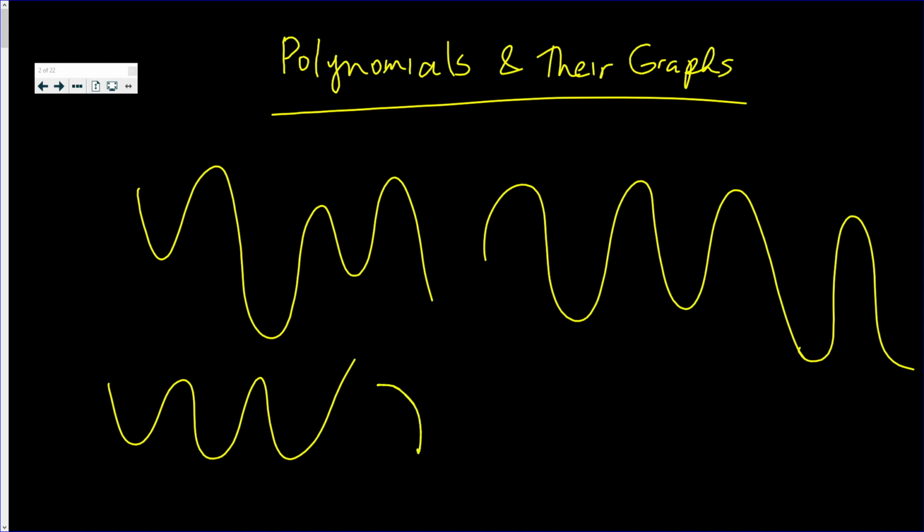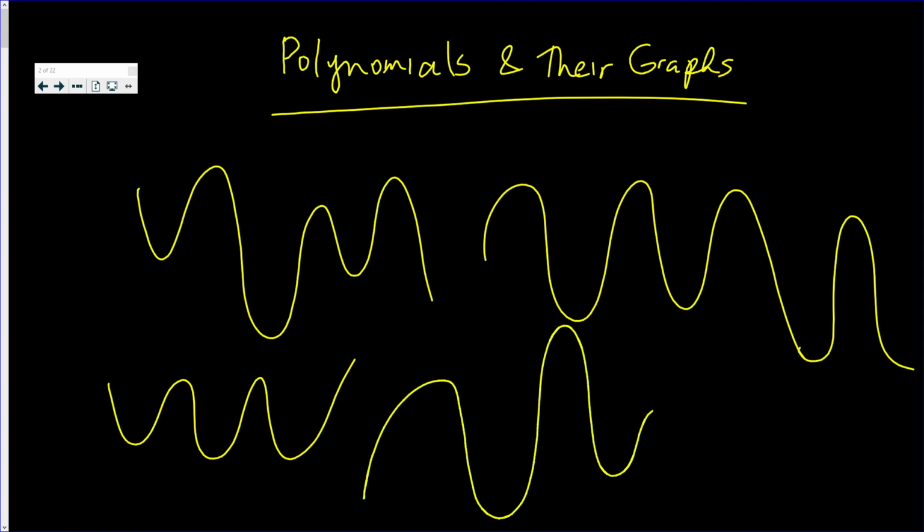If you start drawing things like this, they're not polynomials. Nice and smooth. Those are examples of what polynomials look like.